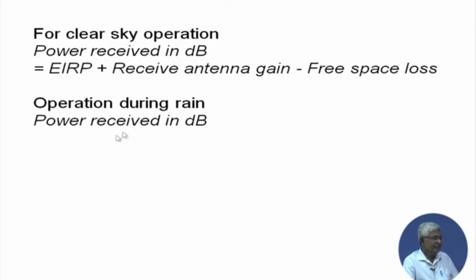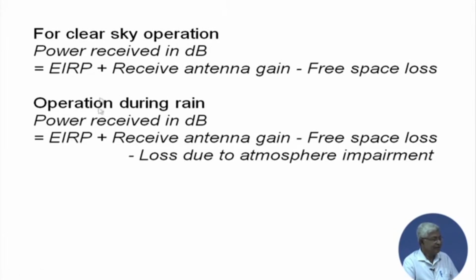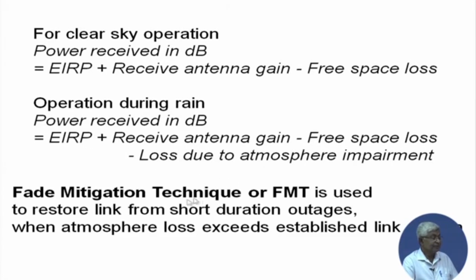During rain, the power received in dB will be the same EIRP plus receive antenna gain minus free space loss and minus loss due to atmospheric impairment. Now, all this plus and minus is in dB, you have to remember that. So, something is being subtracted, that is the loss due to atmospheric impairment.